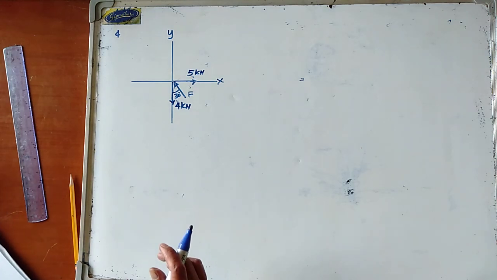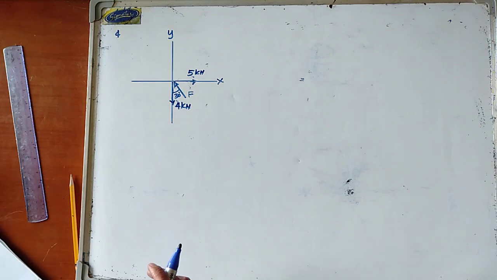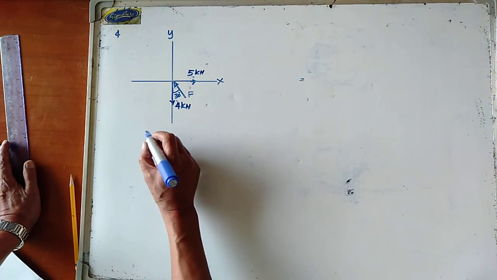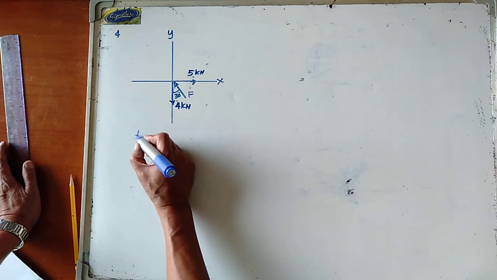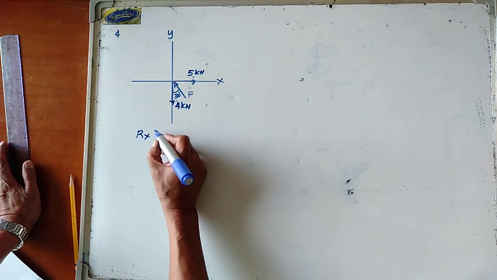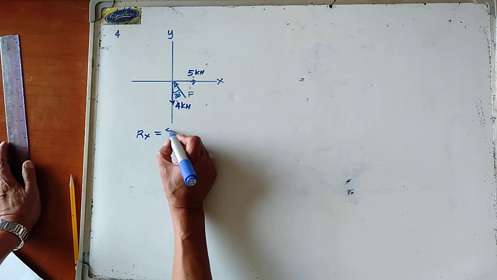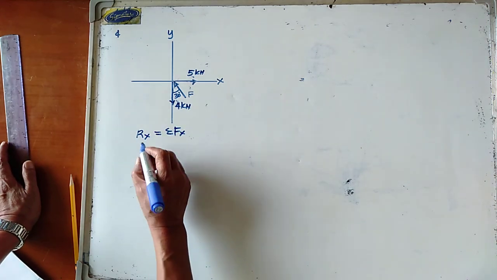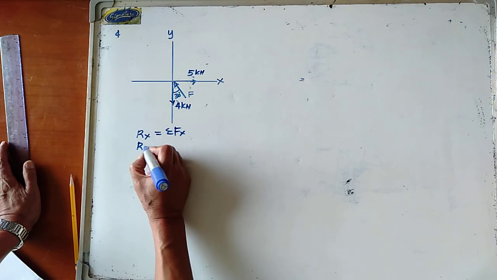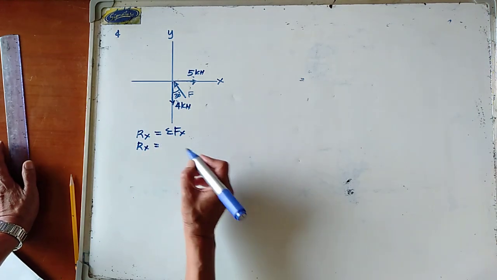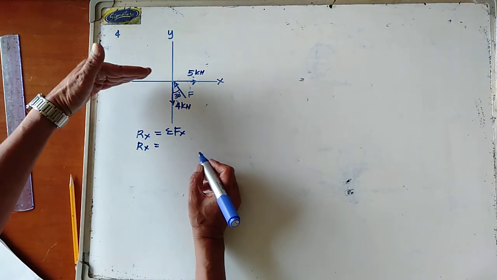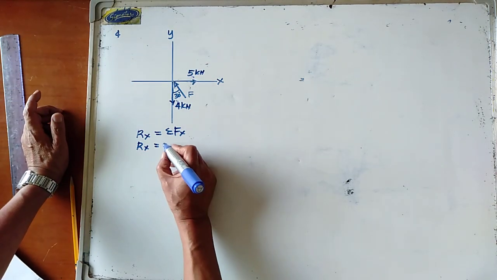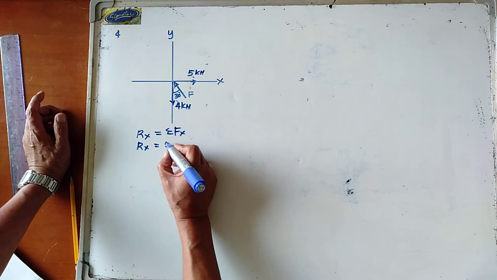So first, let's try to determine the component of the resultant along the x-axis. So your Rx is equal to summation of forces along the x-axis. The 5 kilonewton force is directed along the x-axis, so that one is equal to 5.